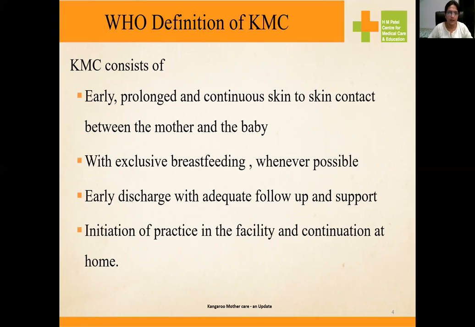Along with that, exclusive breastfeeding whenever possible, and early discharge with adequate follow-up and support once the baby is discharged at home, and initiation of this practice in the facility, meaning in the hospital environment, and continuation of that at home. This is basically a holistic approach where we can cover every aspect.